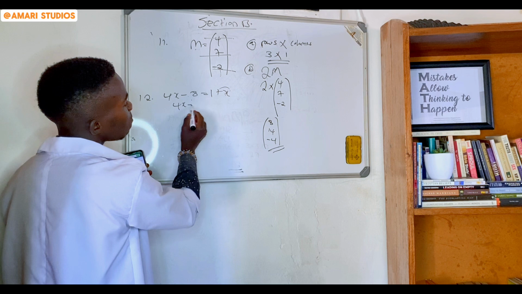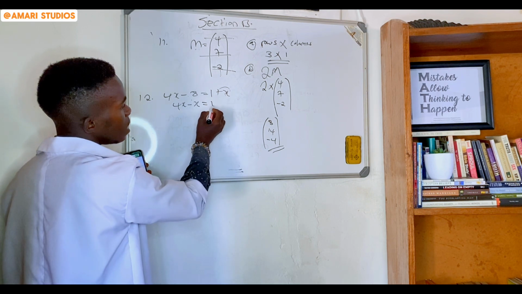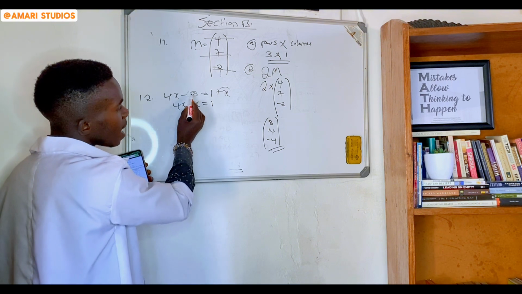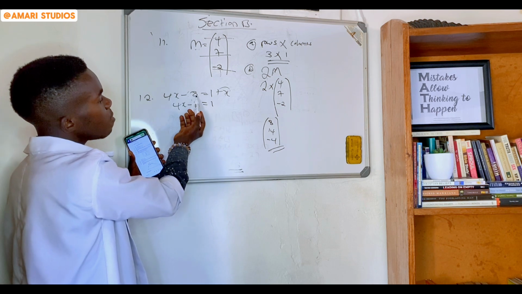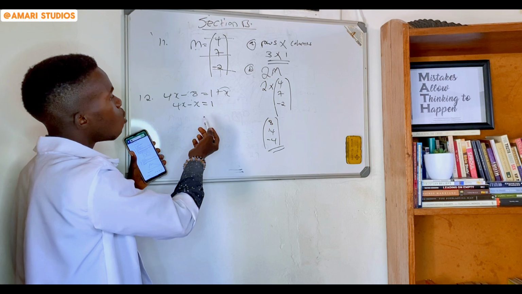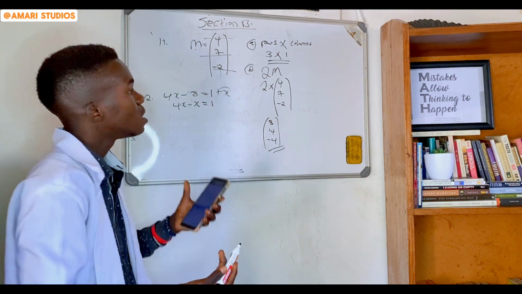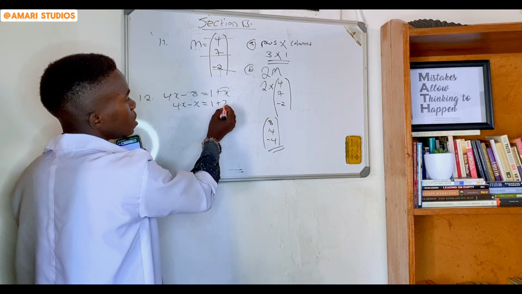So it's going to be 4x minus x is equal to 1. Then this -8 also crosses the equal sign, and when any number crosses the equal sign, its sign changes, so it becomes a positive 8.